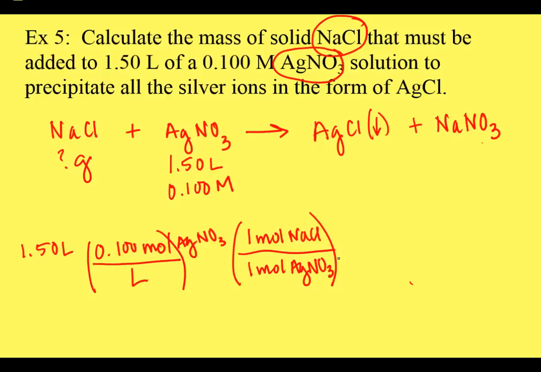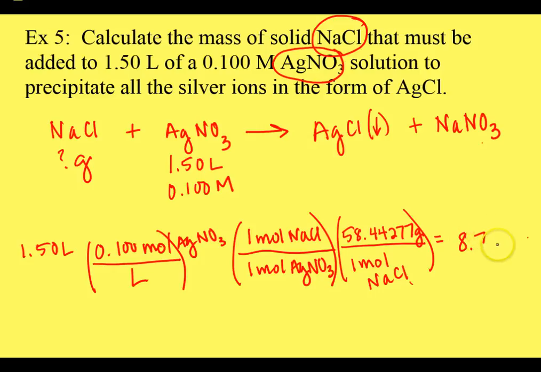And since I need to go to grams, I can keep going with my dimensional analysis. 1 mole of NaCl, if you used your periodic table and added up the atomic weights of sodium and chloride, you would get 58.44277 grams, which after all the number crunching comes out to be 8.77 grams.